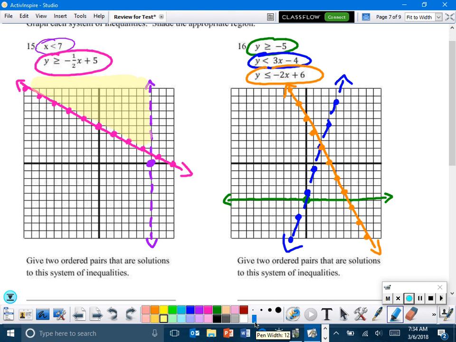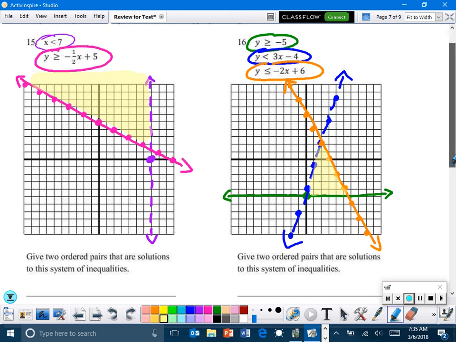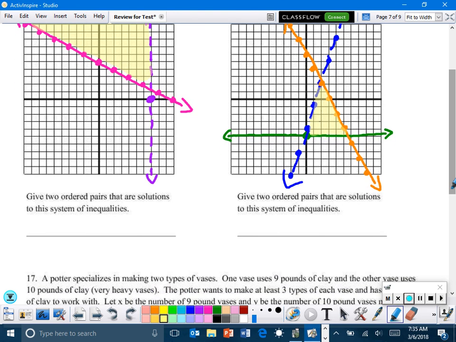Okay, so I'm going to shade it now. So I'm going to shade above the green, below the blue, below the orange. Okay, that would be the triangle this time. That would be the triangle. All right, underneath each one.